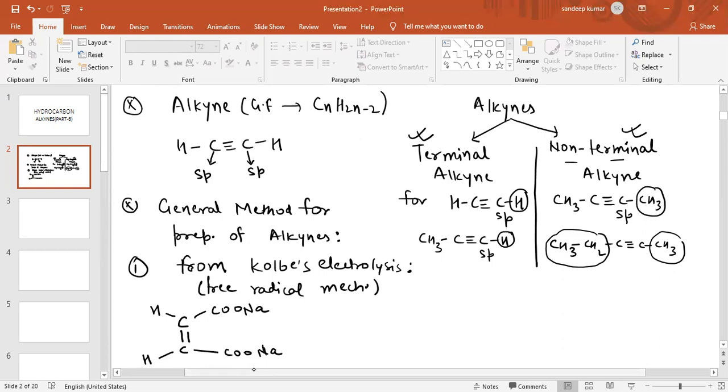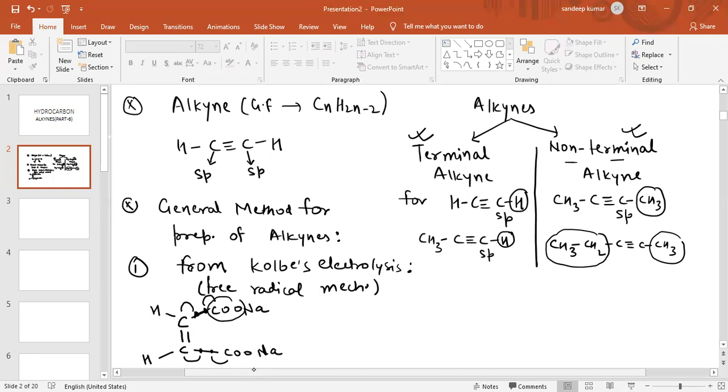The bond will break in this case so that one electron goes on this carbon atom and one electron on the other. In the same way, again one electron on this carbon atom and one on the other carbon atom. So basically CO2 gas will be removed.